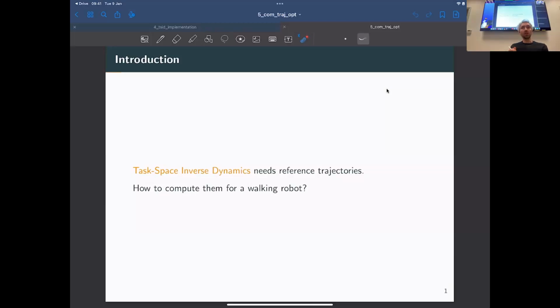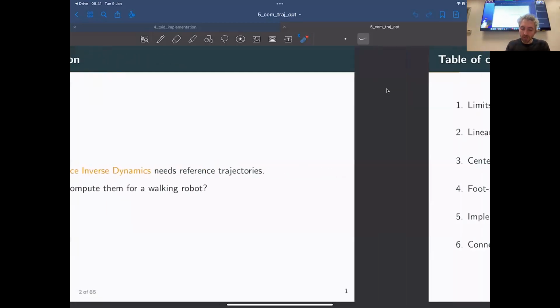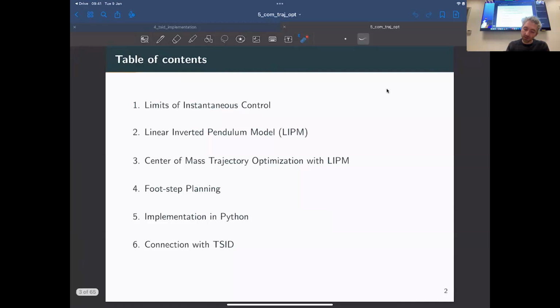And we just saw that it's quite difficult to provide a reasonable reference trajectory that makes the system really work, because the robot is not able to just track any center of mass trajectory because it has a bounded support polygon. And so as soon as the center of mass is outside the support polygon, the robot is gonna fall down. So how can we compute these reference trajectories?